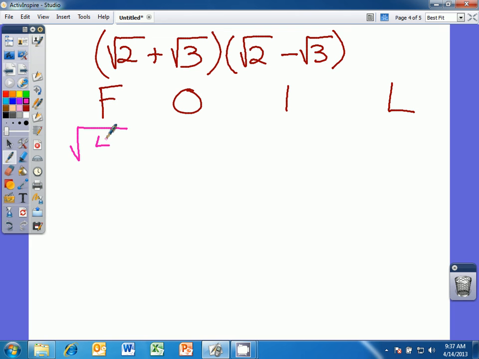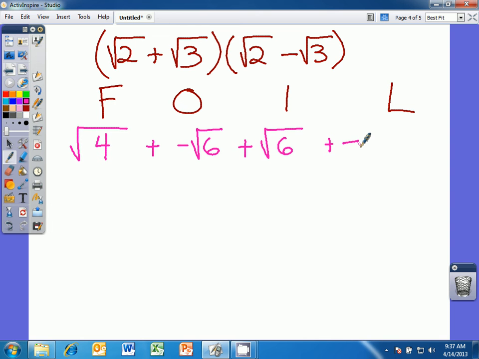Plus then my outer terms becomes the product negative radical 6. My inner terms becomes the product positive radical 6. And my last terms is the product negative radical 9.